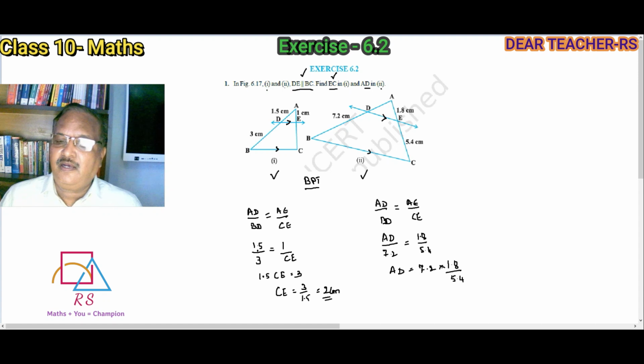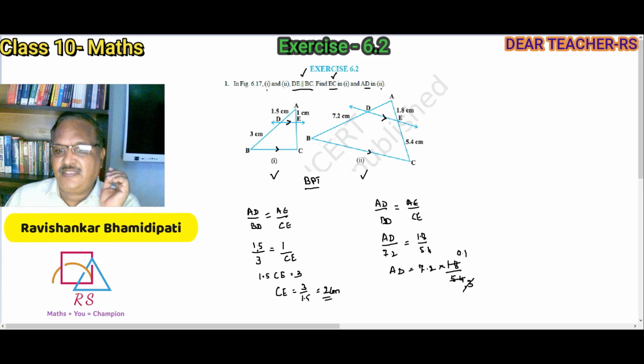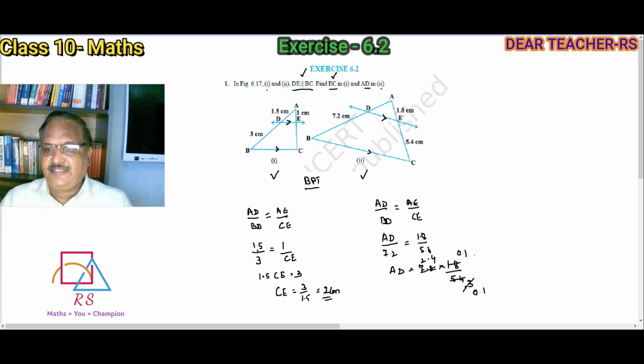Now you can do 18 table will go. 18 ones are 18, 3 0.3, and this 0.3 will go in this 3 table, 0.1, and 2 4. 0.1 will cancel and it is equal to 2.4 centimeters. So this is how you have to apply the basic proportionality theorem in the figures.